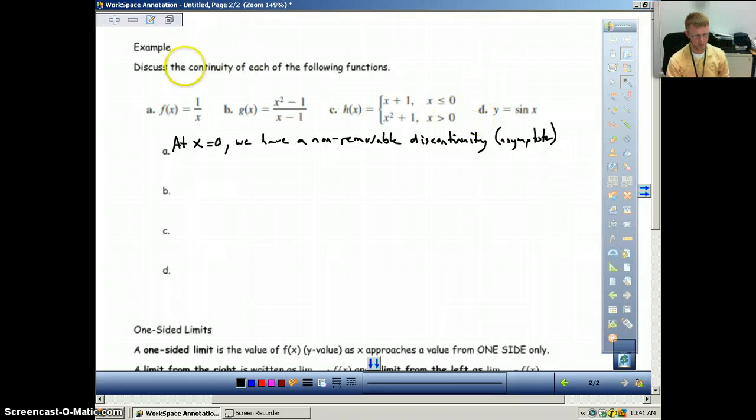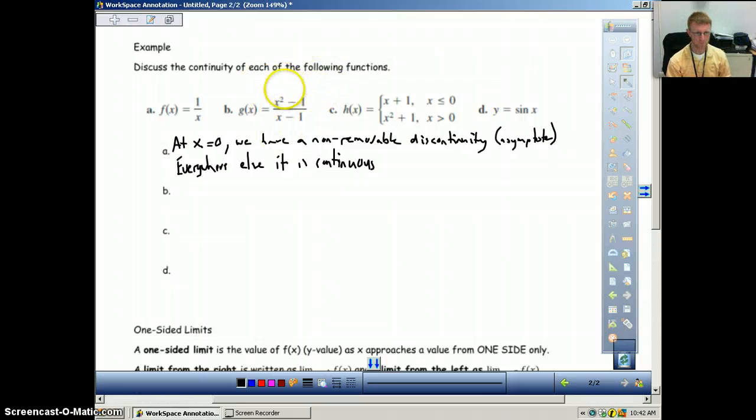Okay, so that's discussing the continuity. At x equals 0, we have a non-removable discontinuity, and then we can also say that everywhere else it's continuous. I'm sorry about my writing, but okay, so we have a non-removable discontinuity at x equals 0. Everywhere else it's continuous. That's discussing the continuity.